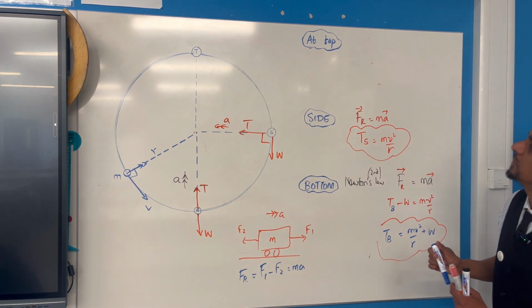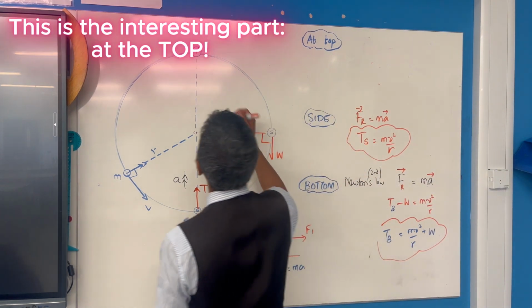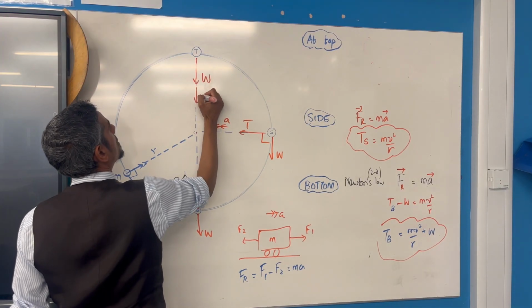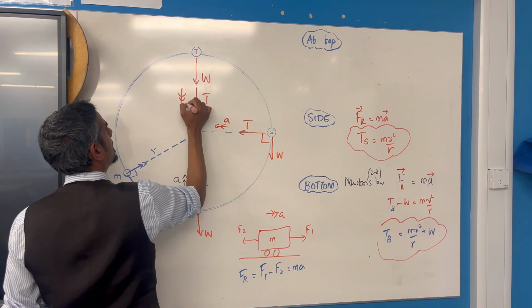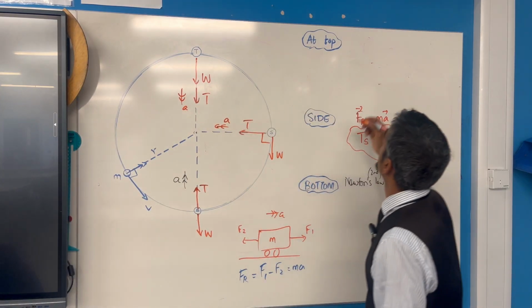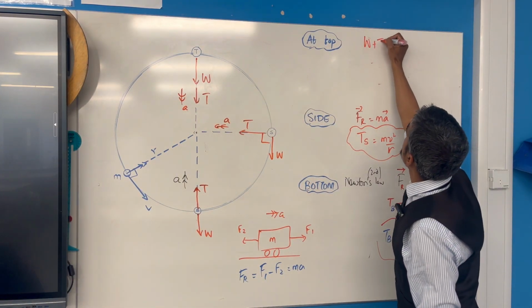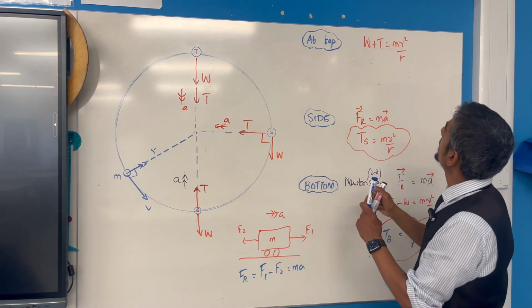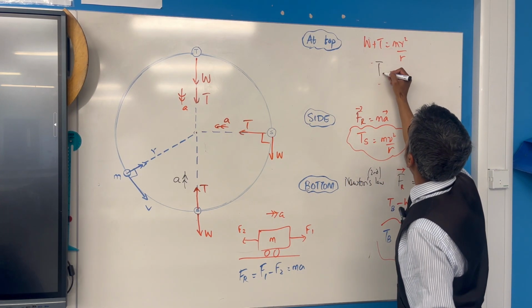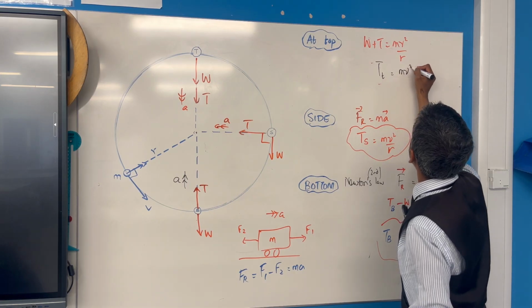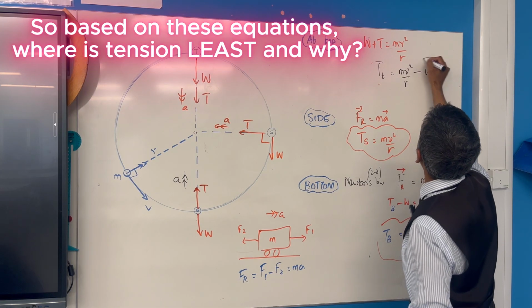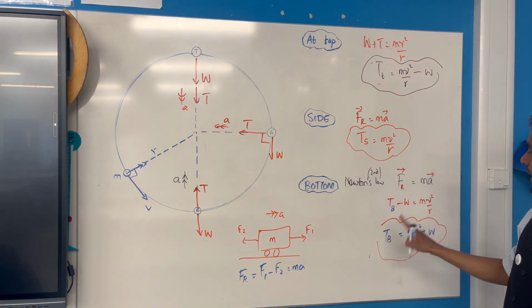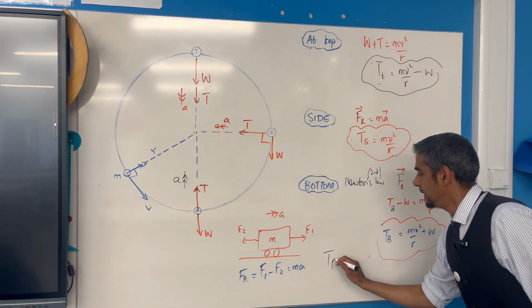And the last one I'm going to do is at the top. So if you're at the top, the weight is going down, the tension is also going down, but the acceleration is in the same direction. So you will end up with W plus T is equal to mv squared over r. T at the top is equal to mv squared over r minus W. Now, if you were to compare the tension, it's quite easy to see that the bottom tension is bigger.